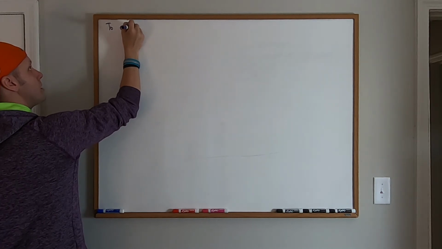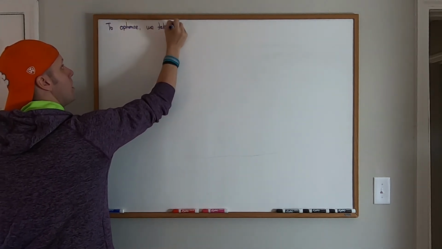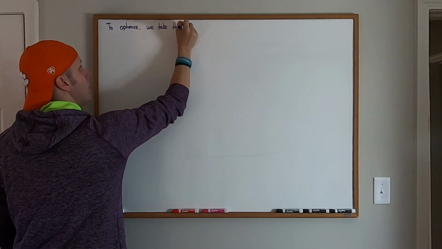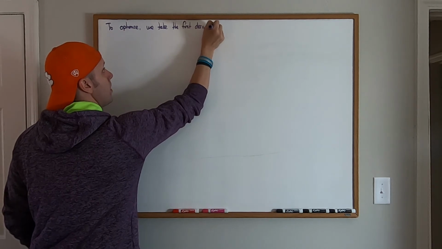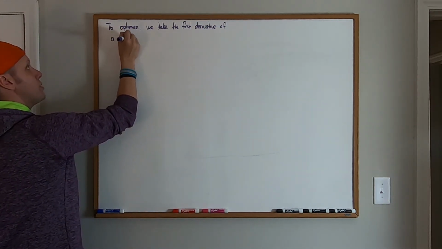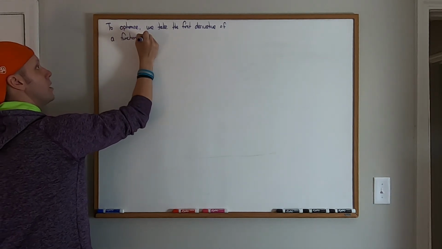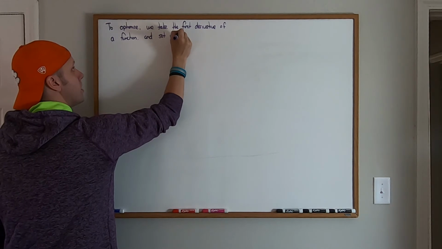So, to optimize, you take the first derivative of a function and set it equal to 0.